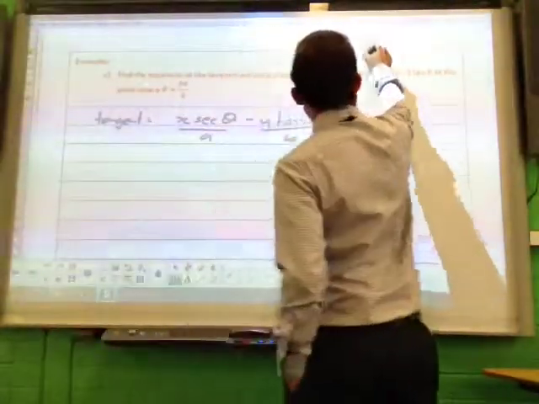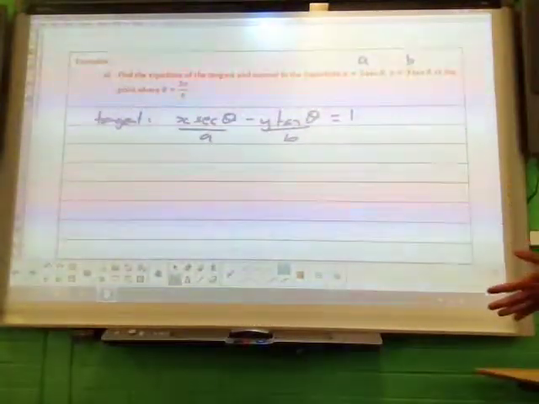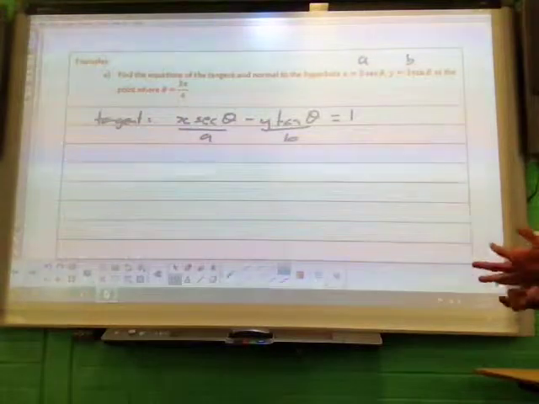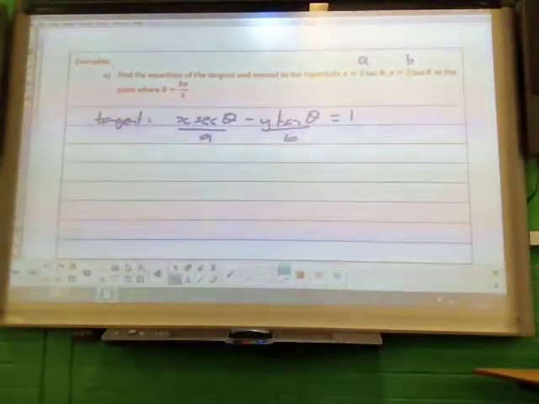Remember x is A sec theta and y is B tan theta for the parametric form of your hyperbola, so we can substitute A and B in there, and we have more information about theta.